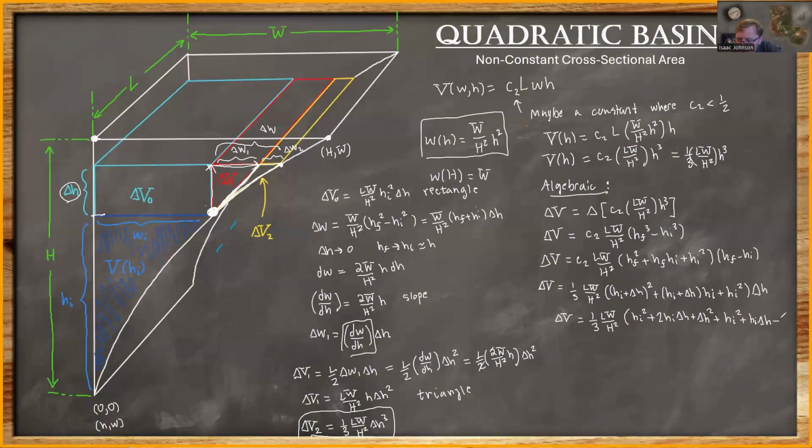And then the last one's just a plus hi squared, and then we've got this delta h that we could distribute in. All right, so when I distribute and I cancel, is there anything that cancels or combines?